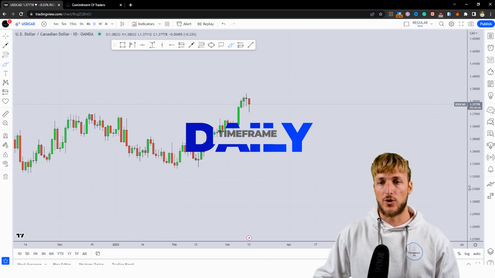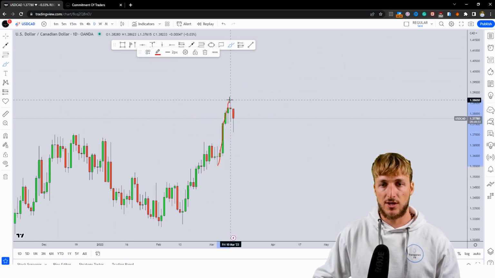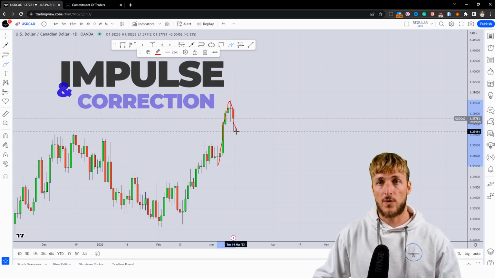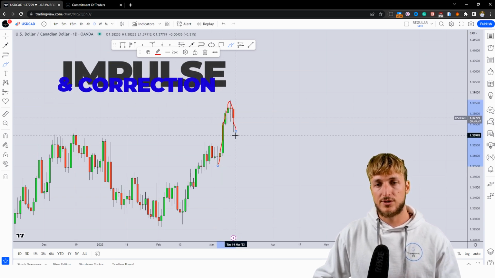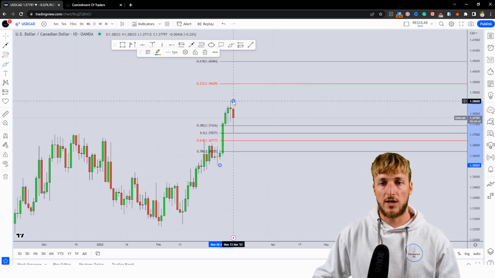Going down on the daily, what do we see? Now, from a daily perspective, we can see how the market has just created a quite strong impulse to the upside, followed by this correction. Now, in general, after an impulse, if you want to measure the correction, you have to take your Fibonacci from the low to the high of the impulse leg.